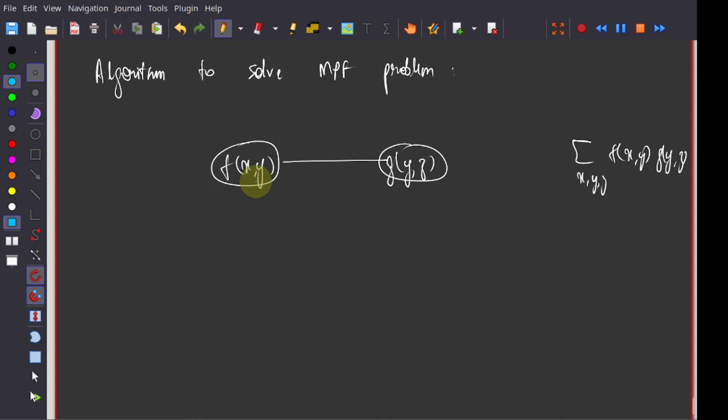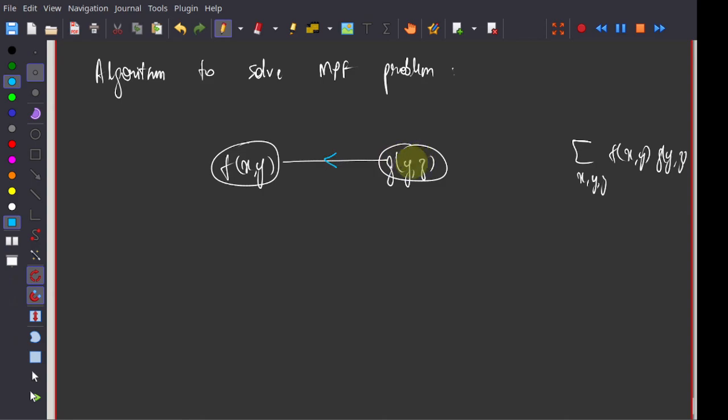Okay? But now you don't have to send all of this information, because this is a function of x and y. It's not a function of z. So what this vertex can do is first marginalize with respect to z and send a vector of all the information corresponding only to y, because this vertex needs only information corresponding to x and y. It does not require information corresponding to z.